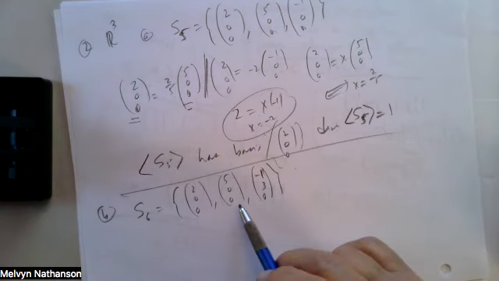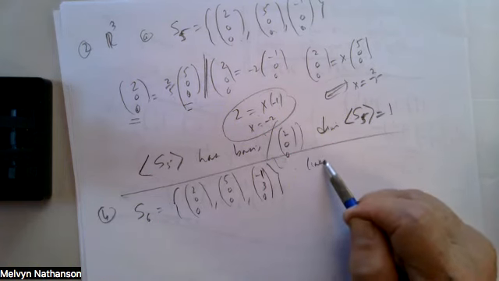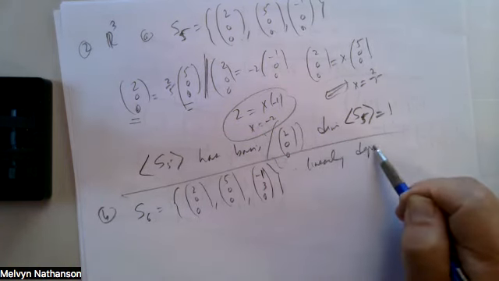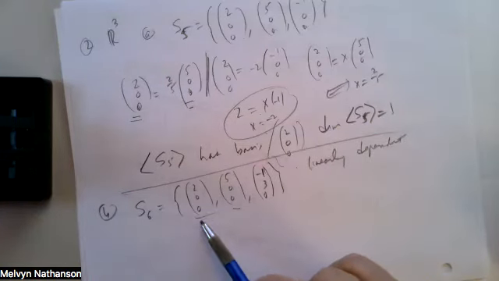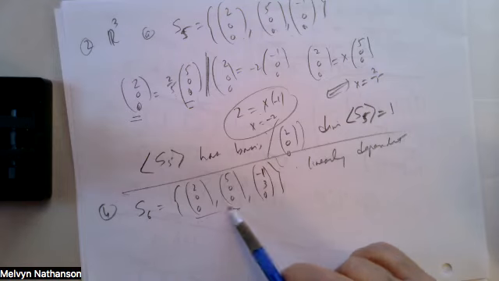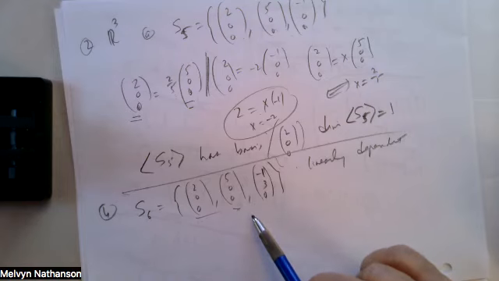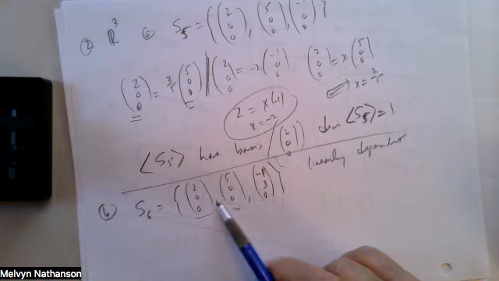Now, again, these three vectors are linearly dependent because these two vectors, each is a scalar multiple of the other. So this is a linearly dependent set. On the other hand, the subspace they generate, what's the largest linearly independent subset?